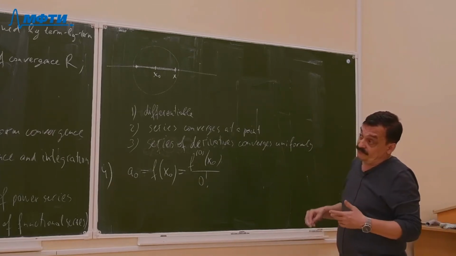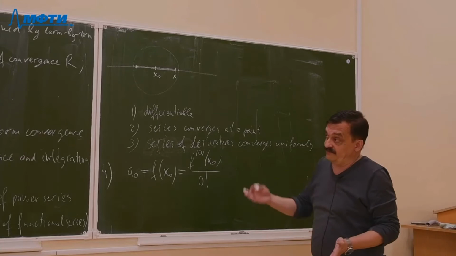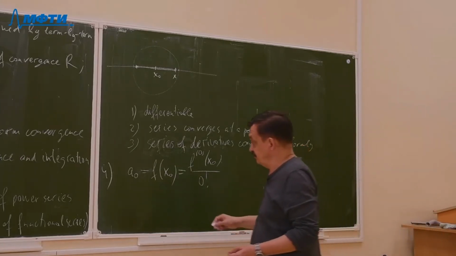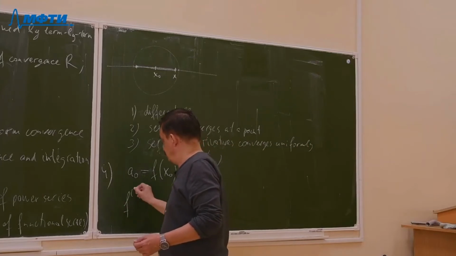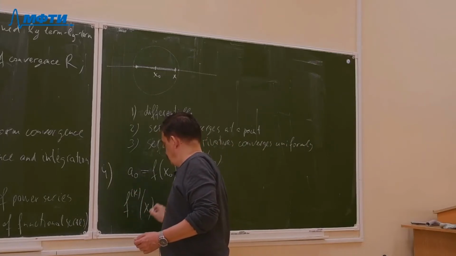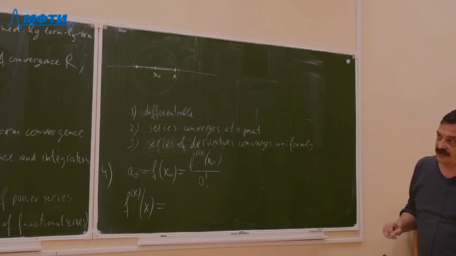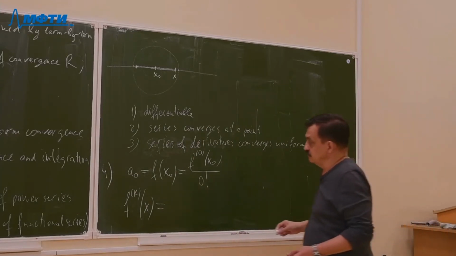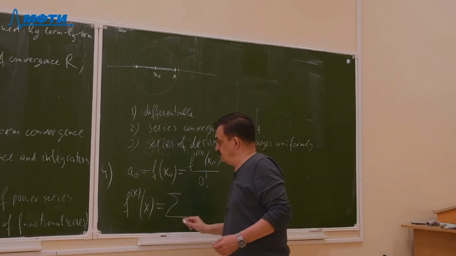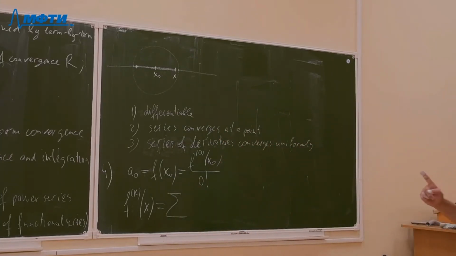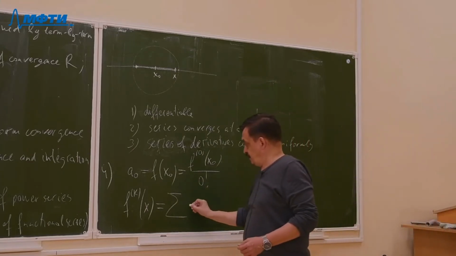Okay, now look, by the first assertion, we can differentiate term by term. So we can write the formula, differentiating term by term. What will we obtain? A n.